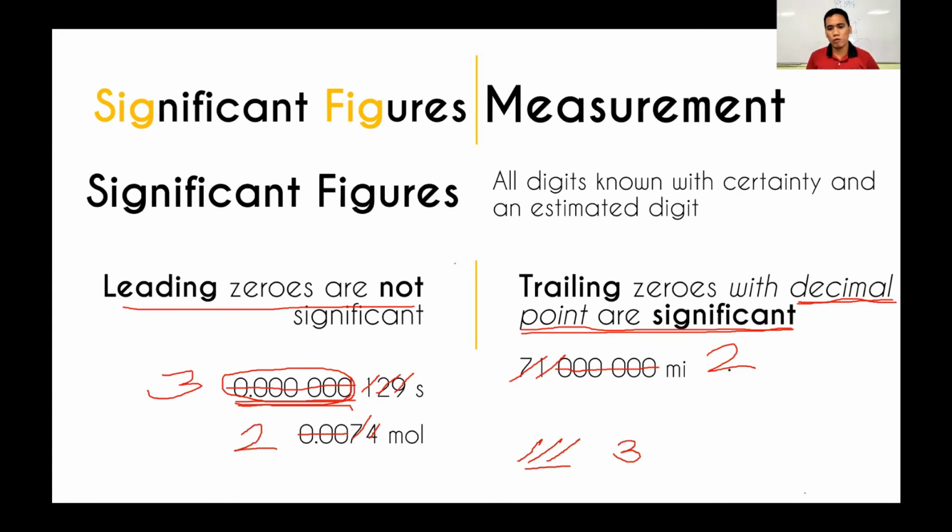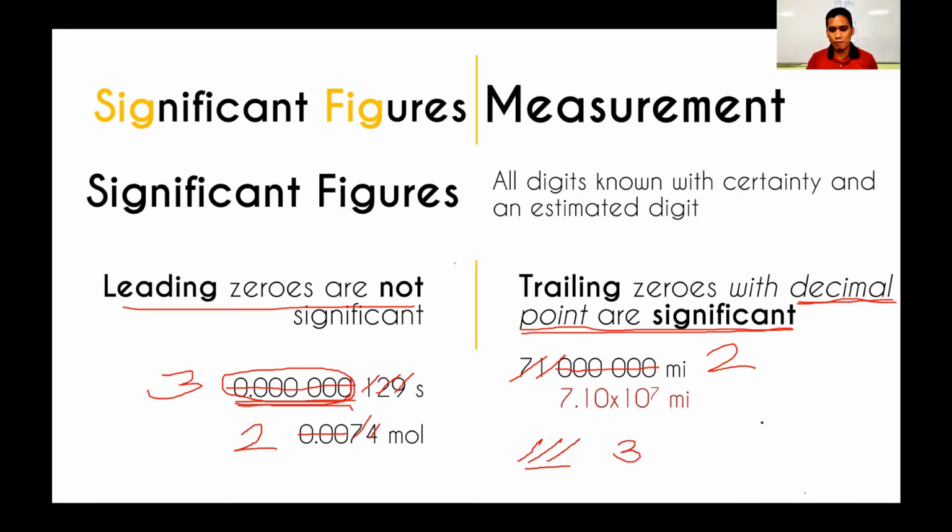Okay. So, to avoid confusion about how many significant figures you have, you can either convert it to scientific notation or apply prefixes. To make it easier to count the number of significant figures, you can apply scientific notation or apply the prefixes so it is not confusing.